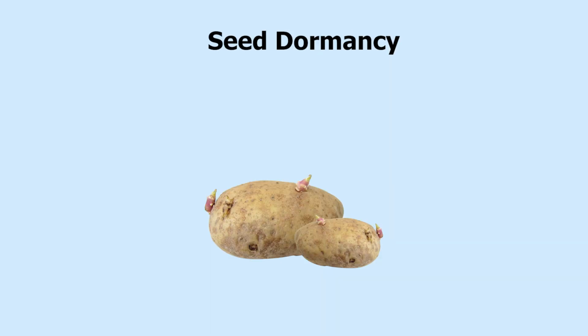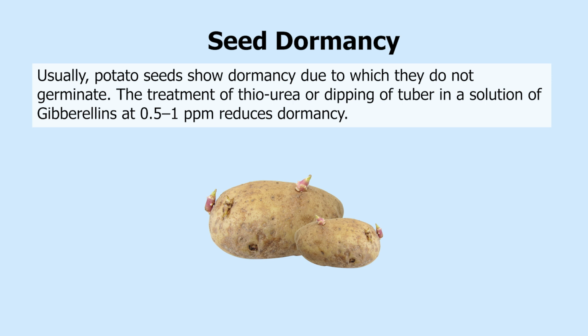Seventh, seed dormancy. Usually potato seeds show dormancy due to which they do not germinate. The treatment of thiourea or dipping of tubers in a solution of gibberellins at 0.5 to 1 ppm reduces dormancy.